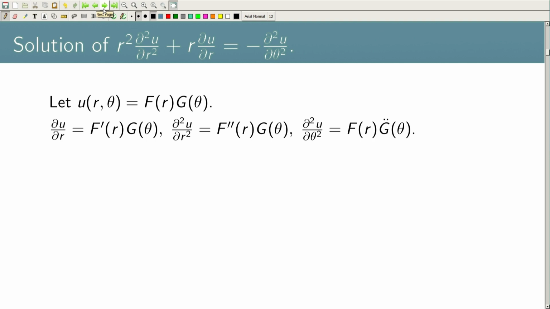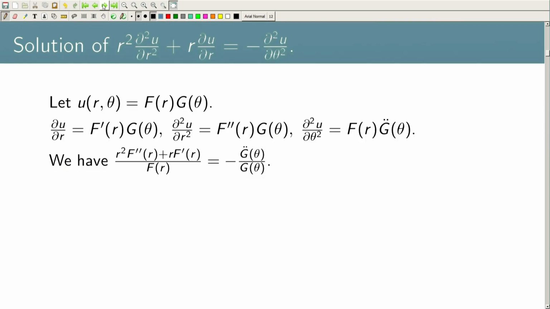To distinguish between the derivatives with respect to r and theta, I am writing the symbol g double dot of theta to mean d square g by d theta square.